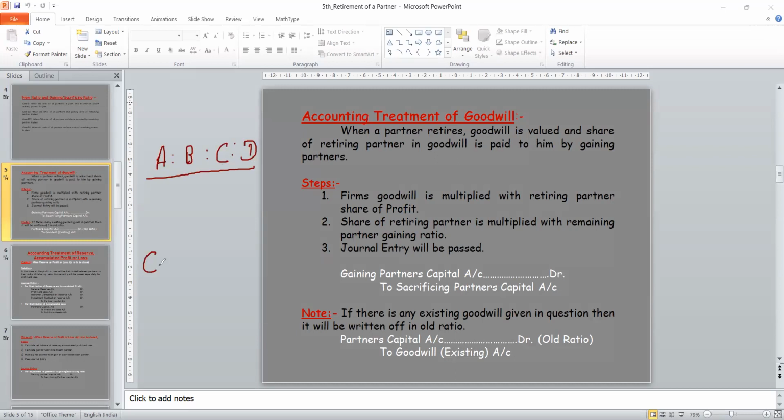Now let's say C is retiring, and he is giving his profit share to all the partners, A, B, and D. So if C is giving his profit share to A, B, and D, then all the partners A, B, D will contribute to it. Okay, sir. All three will contribute.